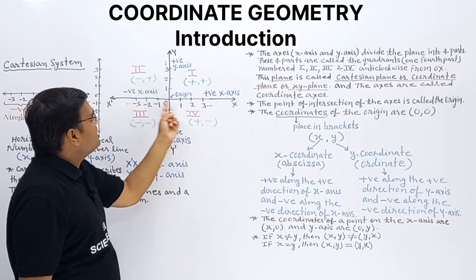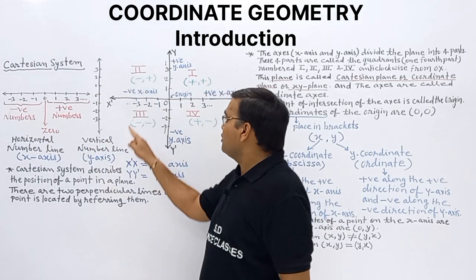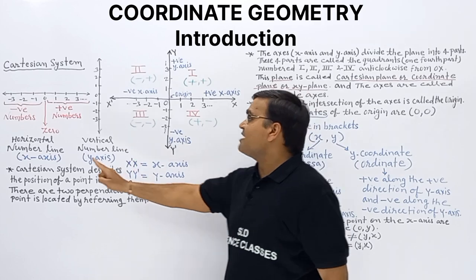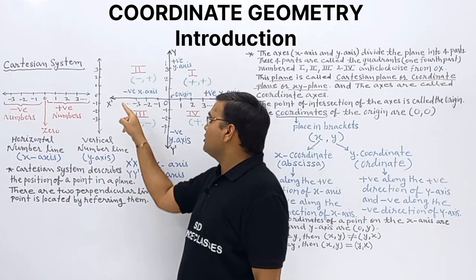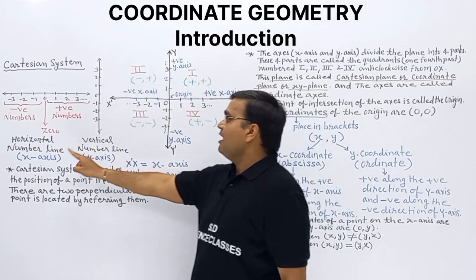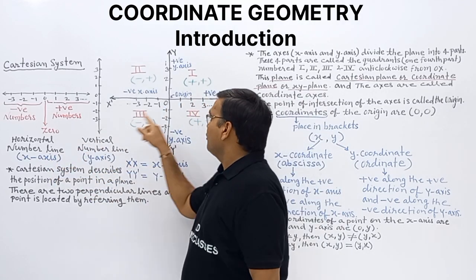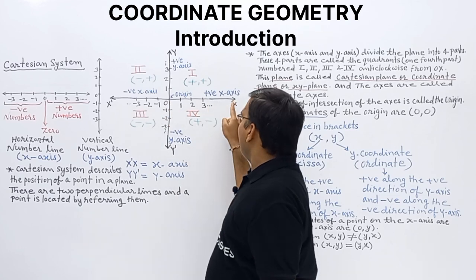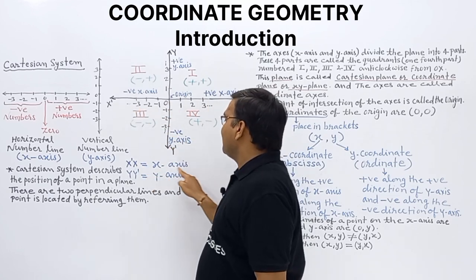Now, what is this horizontal number line? Listen, this horizontal number line is the X-axis. We have two axes. This horizontal number line is called the X-axis. What is the name of this? X dash, X-axis.